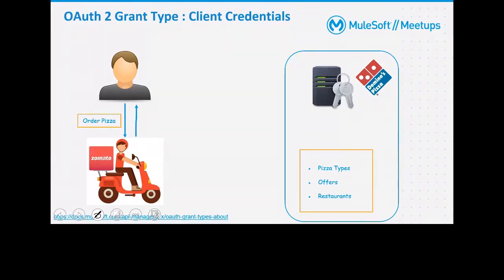So again, same thing. Now the user wants to get a pizza. I am saying user here, I am not saying resource owner. Why? Because this client is an auth server here, and this is your resource server here.